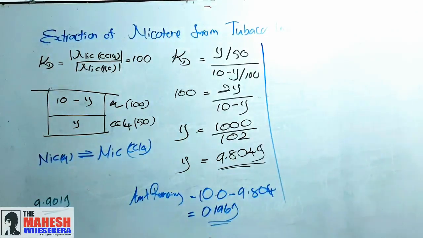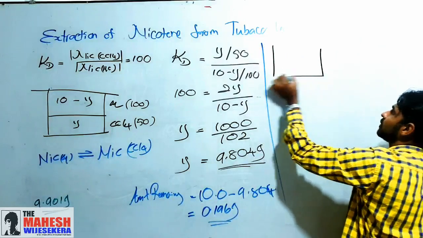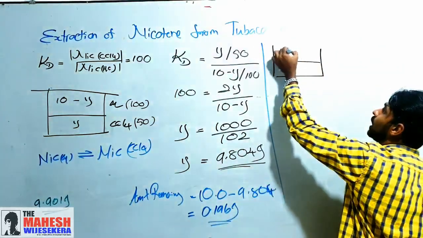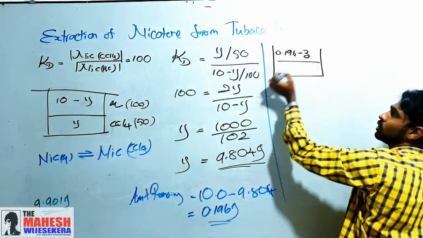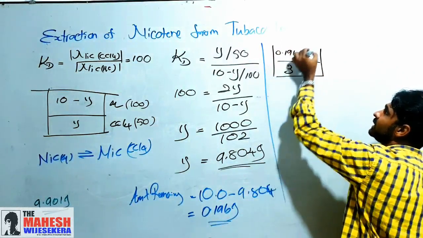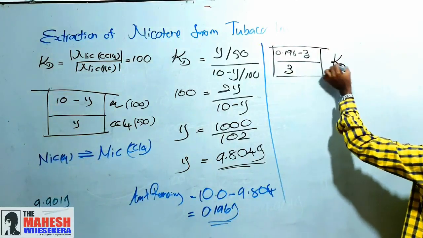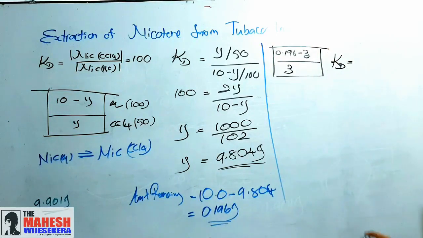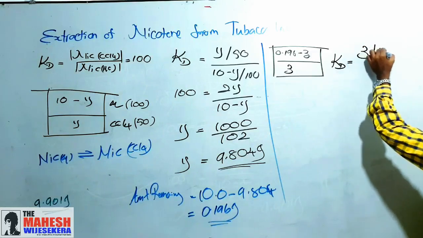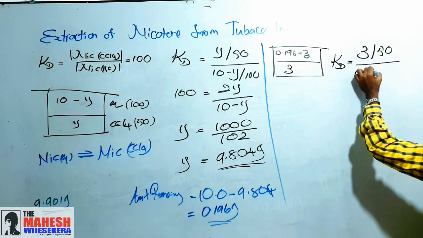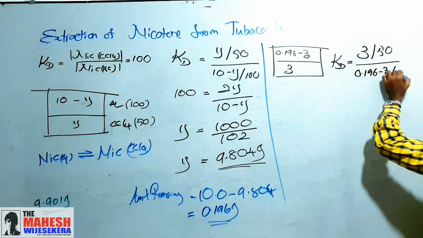So what is happening in the next one? We take 0.196 minus Z goes to the CCl4 layer. This is Z. 0.196 remaining. So what is KD? KD is equal to again Z over 50 over 0.196 minus Z over 100.